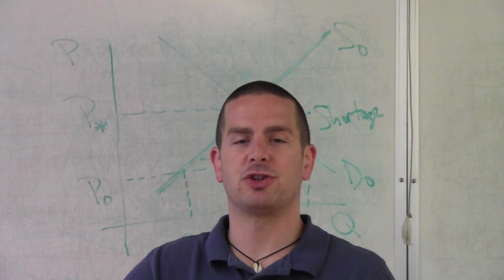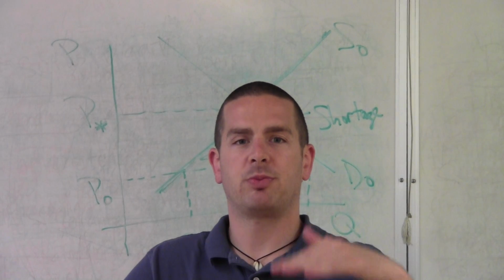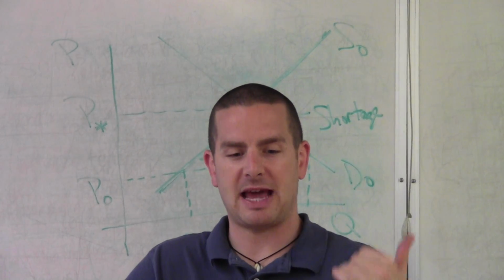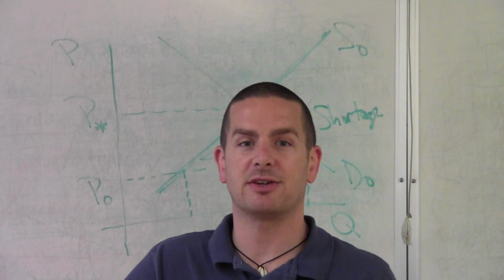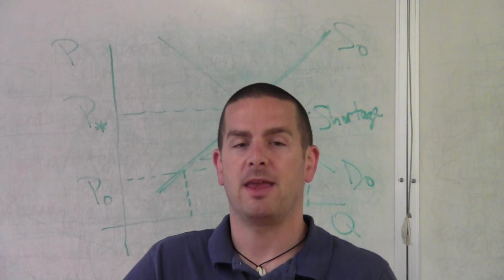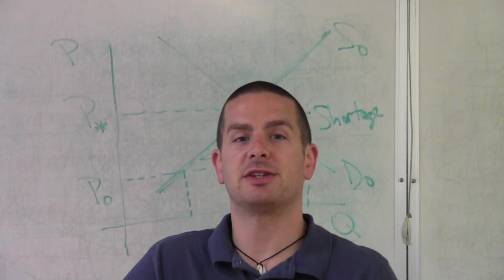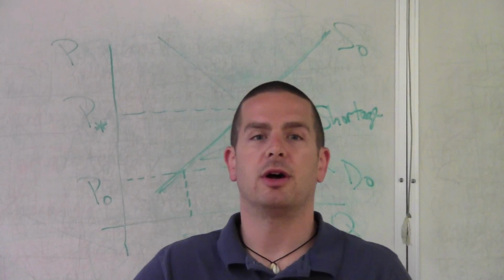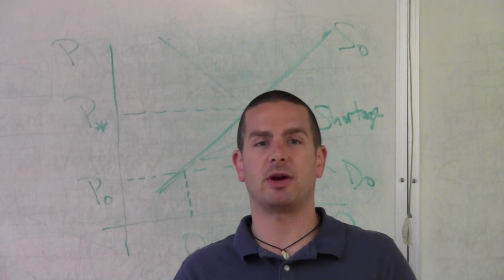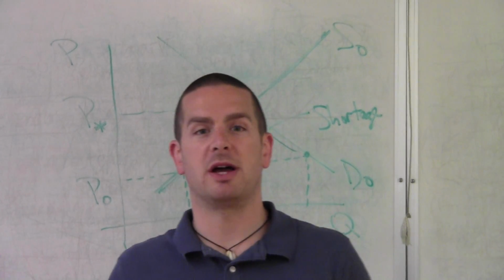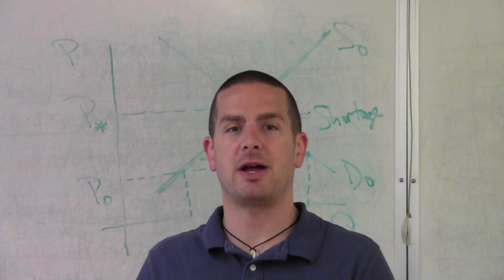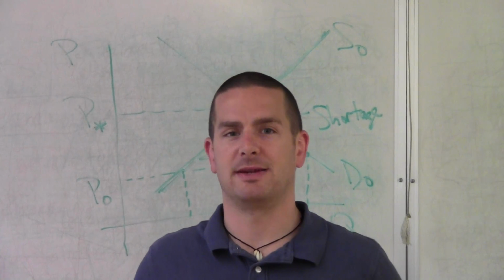So if there's a shortage, the price is going to go up because that item is relatively scarce, and if it's scarce, it's more valuable. The price goes up until it hits the market clearing price. So just to recap, if there's a surplus, quantity supplied is greater than quantity demanded.